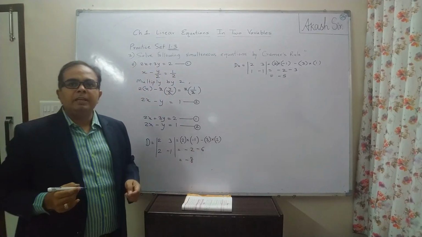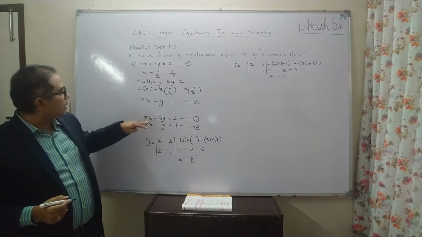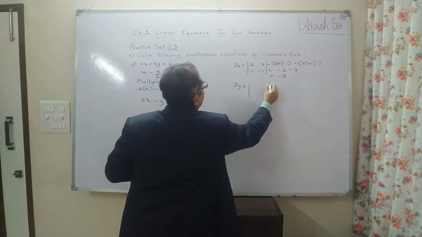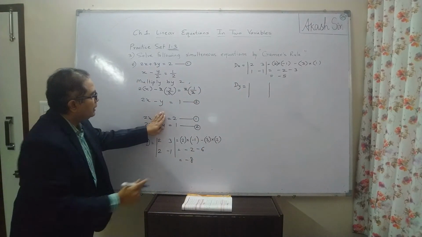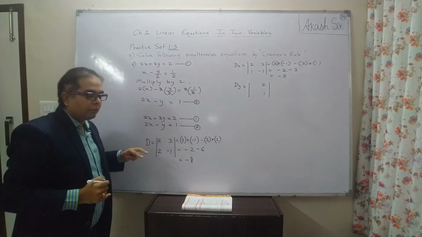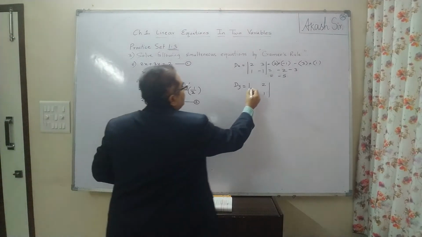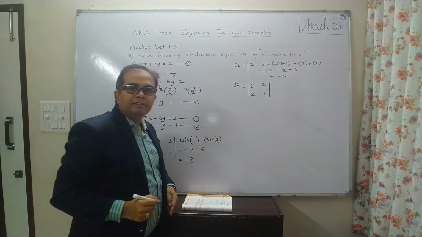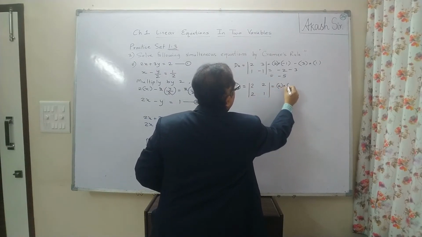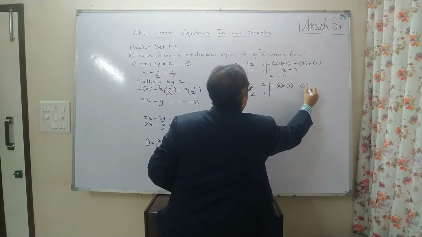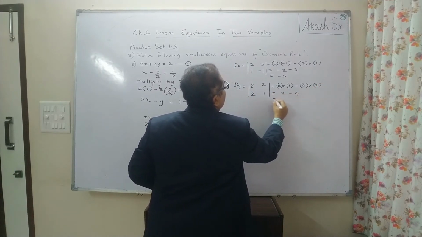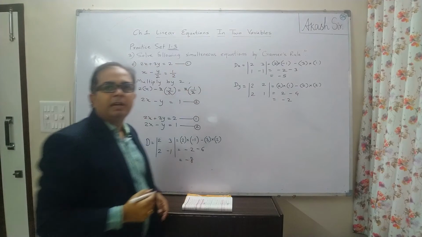We got the value of Dx. Now the value of Dy. What is Dy? Replace the coefficient of y with the last numbers 2, 1 and the coefficient of x, 2, 2, as it is. Solve this. 2 into 1 minus 2 into 2. So 2 1 is 2, 2 2s are 4. 2 minus 4 is minus 2.